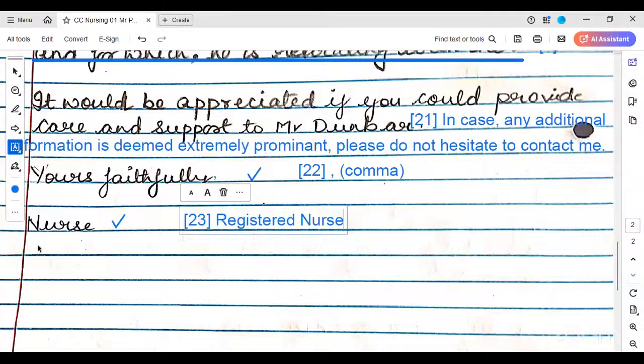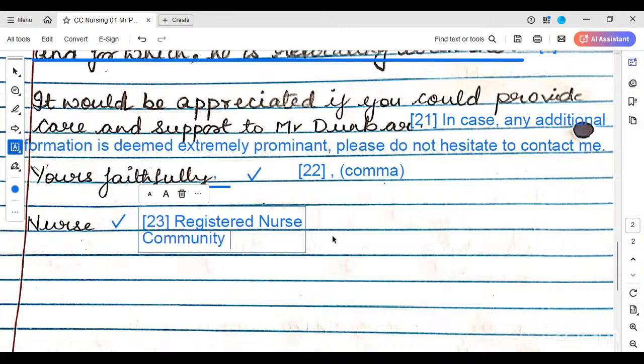The next one, you forgot to write something very important here. Registered nurse, and below that you have to write community hospital. Just now I have shown you community hospital, and it is Newtown.